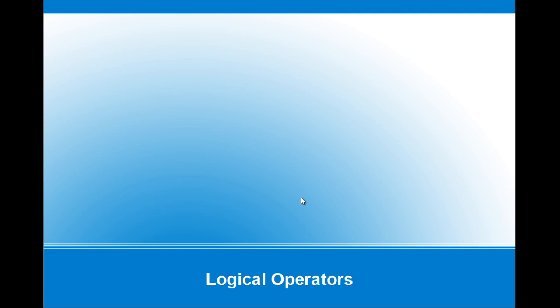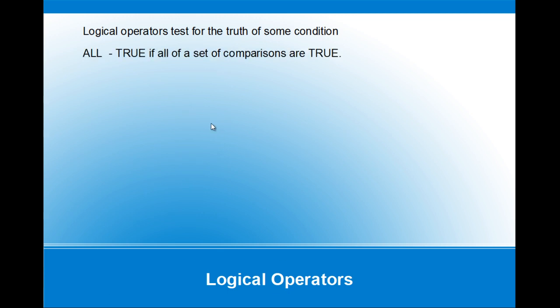Then the logical operators. Logical operators test for the truth of some condition. So we'll say whether the condition is true or false, right? In that there are different operators.